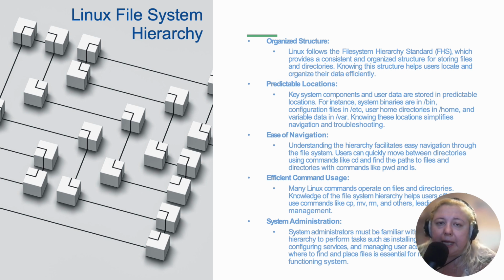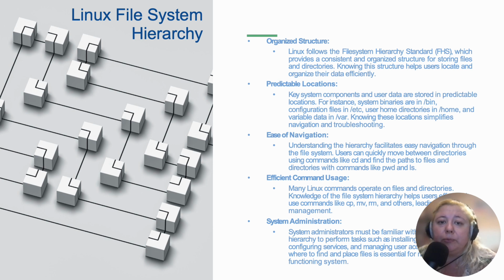First of all, it helps us to have predictable locations, like key system components and user data stored in predictable locations. For instance, system binaries are always going to be in the /bin directory. Configuration files in /etc. User home directories in /home. And variable data, the data that will be changing constantly, in /var.